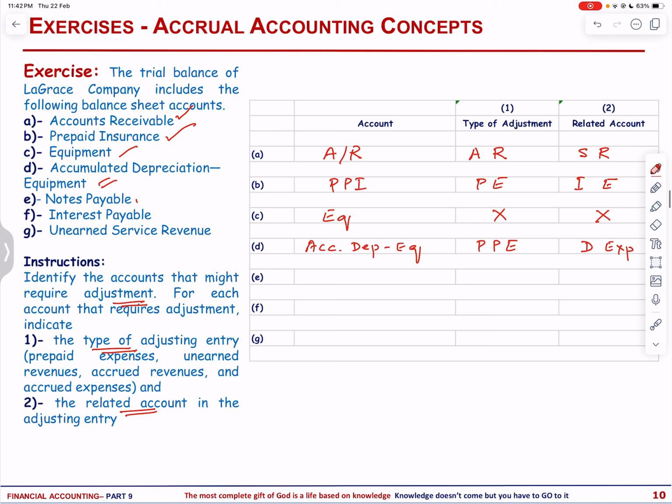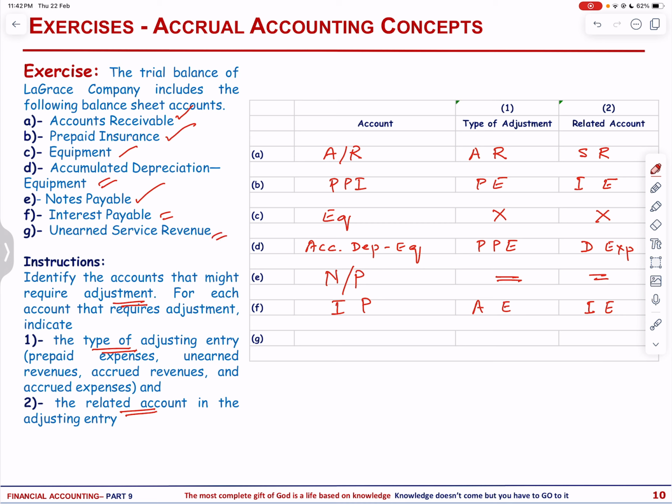We move on to number E, notes payable. For notes payable, no adjustments are going to be required, and there will be definitely no related account. Number F, interest payable, and for the adjustment this will be the adjustment of accrued expenses, and the related account will be the interest expense account.